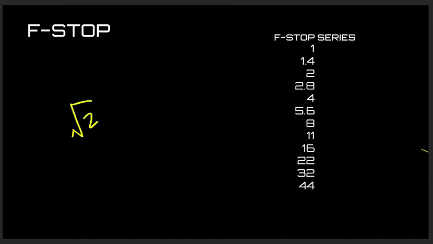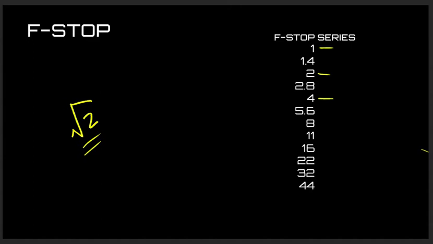The amount of light, the area, and so far as the diameter is the square root of 2, and I'm not going to get into all of the horrible math that goes with that, but that's why these numbers are strange. But instead of having to do all of that big math, we can look at these in order of patterns. So I'm just going to draw attention to a couple of them.